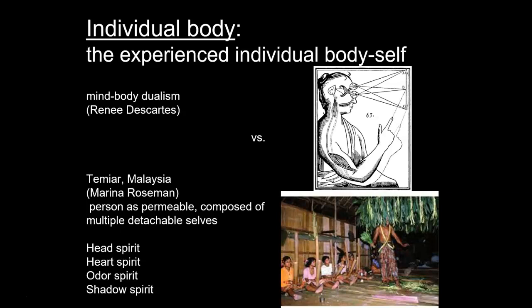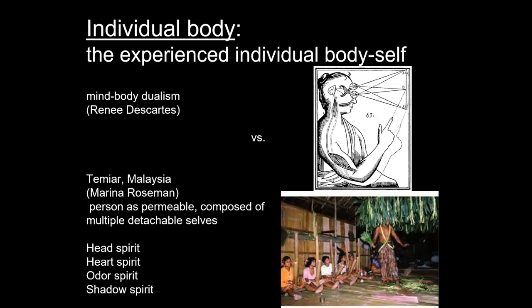And what Dr. Roseman has found in her work is that Temiar people have a very different conceptualization of what an individual person is and what the relationship between body and self is.